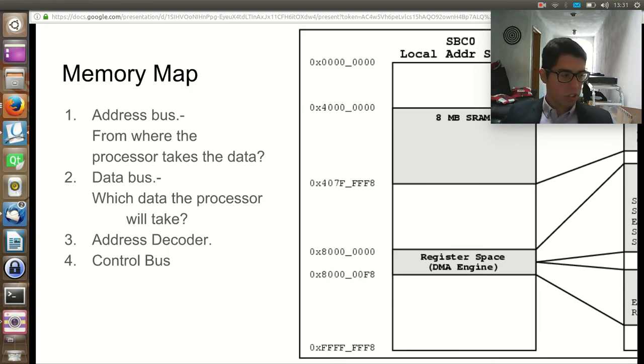Okay. So we also have the concept of the control bus. Any control signals for reading and writing to various devices in the processor's memory space are commonly referred to as the control bus. The control bus determines whether you're going to read, write, or select a certain chip. The chip select is set to its active level when the address of a particular device falls within the device address range.